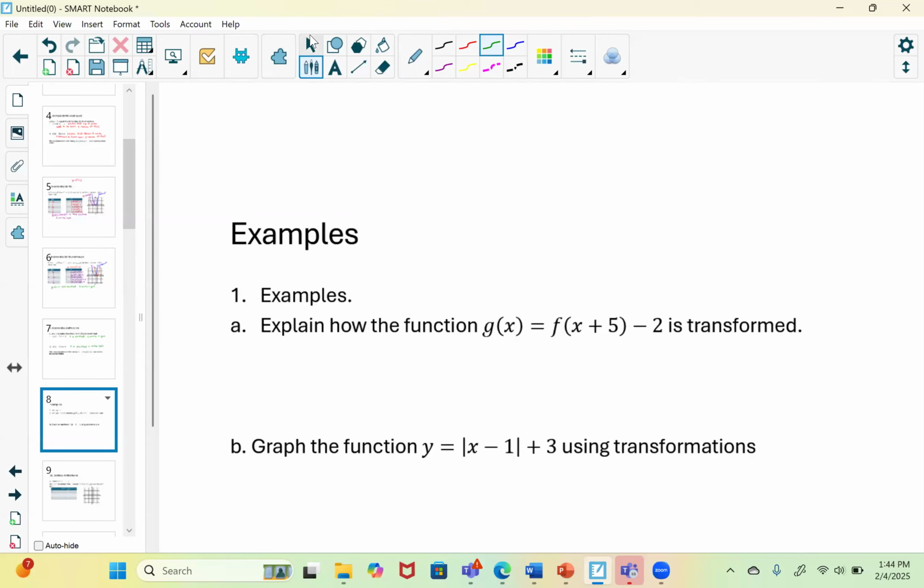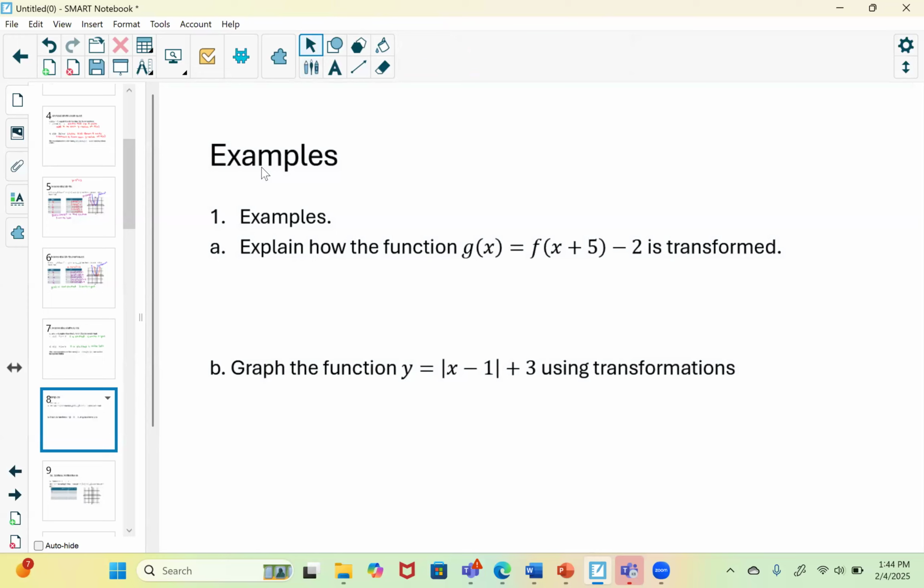So I have 2 other practice examples, quick, just to talk about what we're doing and how to apply it, and then we'll look at the reflections. So it says, explain how the function g of x equals f of x plus 5 minus 2 is transformed.